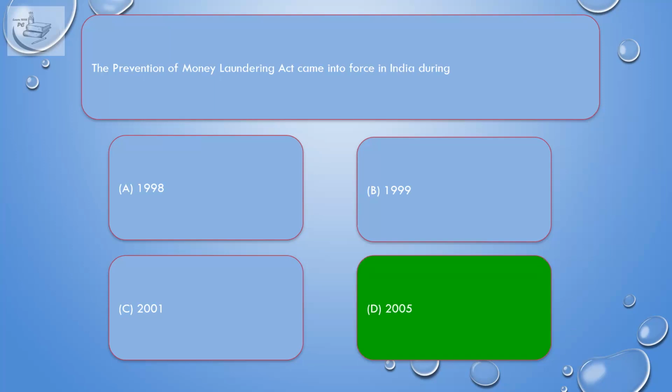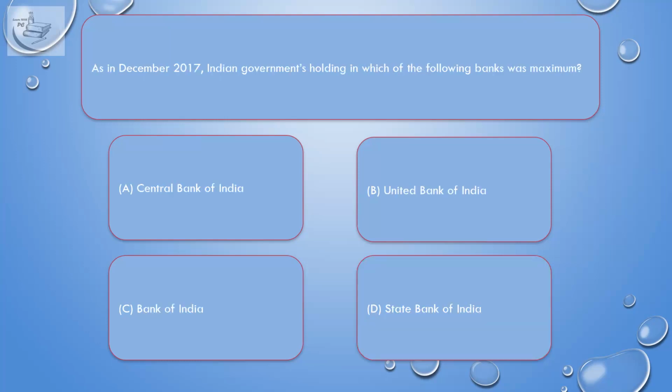Correct answer is D. 2005. Question: As in December 2017, Indian government's holding in which of the following banks was maximum? A. Central Bank of India, B. United Bank of India, C. Bank of India, D. State Bank of India. Correct answer is B. United Bank of India.